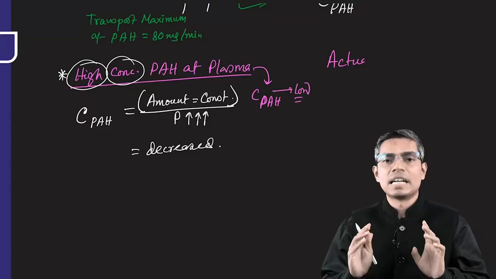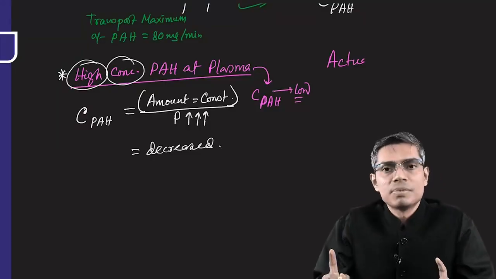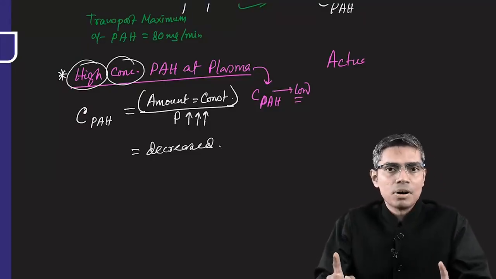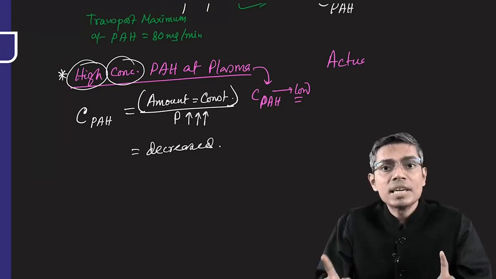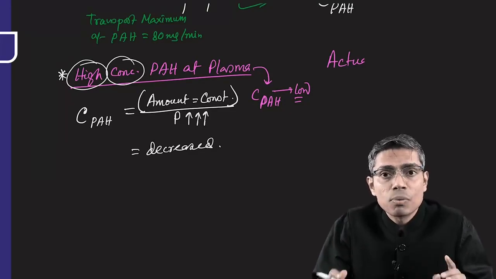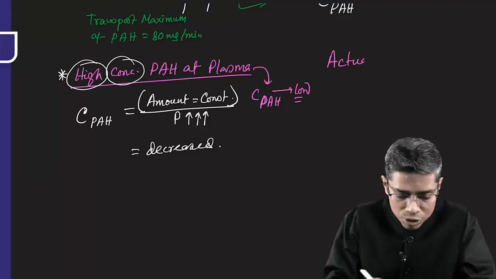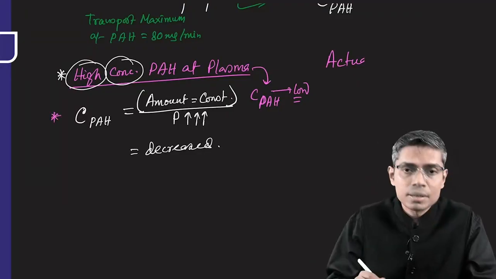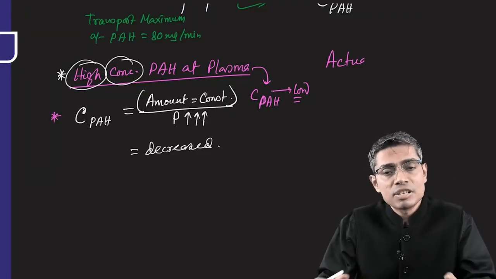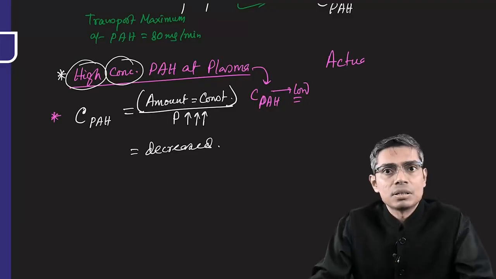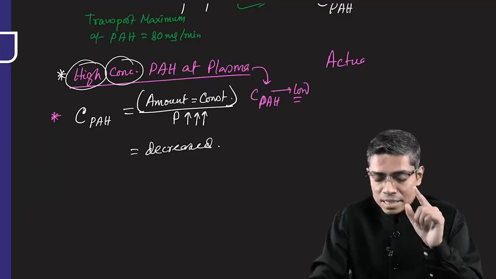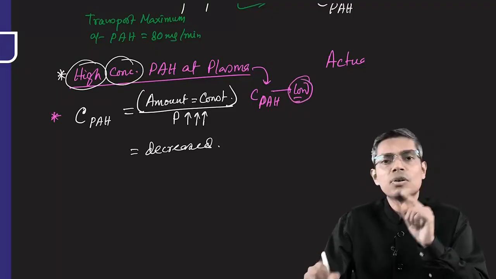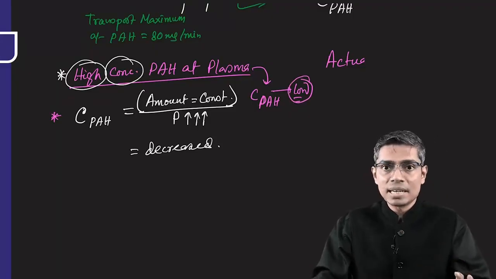Getting my point? So this concept is very important. Why? Because whenever you are measuring clearance of PAH, you want to assess the renal plasma flow. But suppose by mistake you have given a huge amount of PAH injection. That will cause a problem, because a huge amount of PAH means you are going to get a low value of clearance.